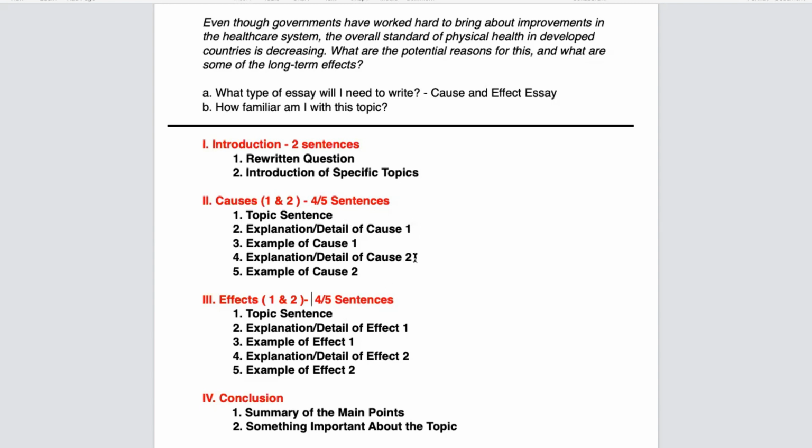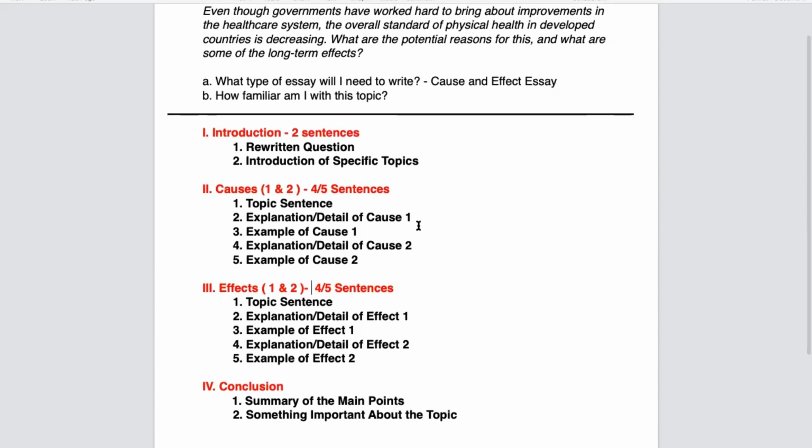And then you should have about 2 causes and 2 effects, okay? And you'll have an explanation or detail of the first cause with an example. Do the same thing for the second cause, and do the same thing for your effects. So this is quite standard, it's quite simple, but it keeps you on track and you know that you're answering the whole question.